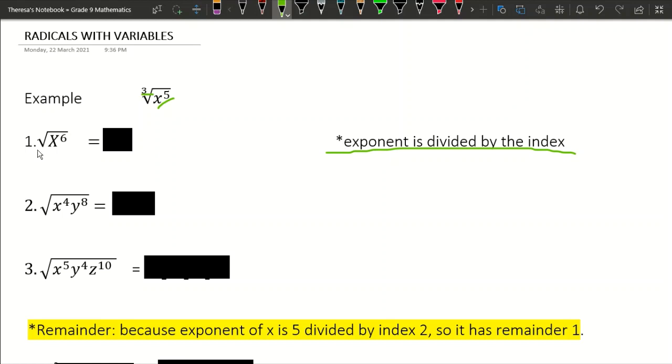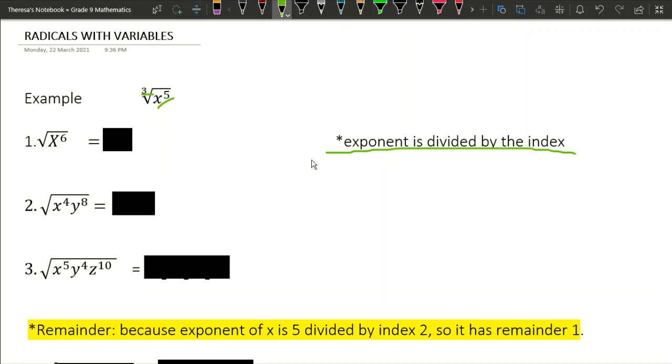So, we have here number 1, square root of x raised to the 6th power. So, our index is 2. Sinabi ko, kapag wala tayong nakikitang number dito, ibig sabihin that is a square root, and that means na yung index natin is 2. So, since we have here 6 as exponent, i-divide natin yung 6 dito sa 2.